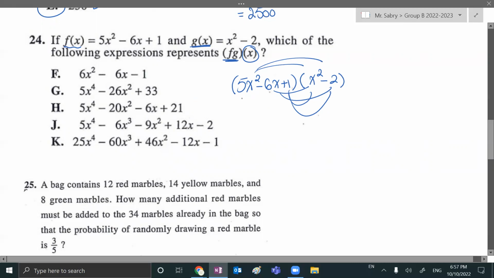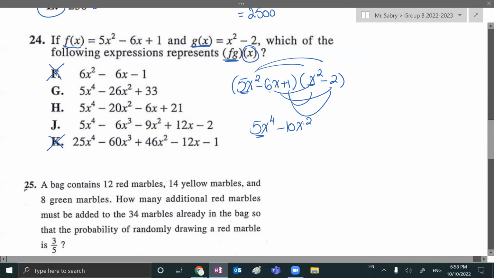Actually, first and second, let's see. 5x squared multiplied by x squared gives me 5x to the power of 4. Then 5x squared multiplied by negative 2 is negative 10x squared. Start looking at the choices and you'll realize that F is definitely incorrect and K is incorrect. Now let's work through the rest.